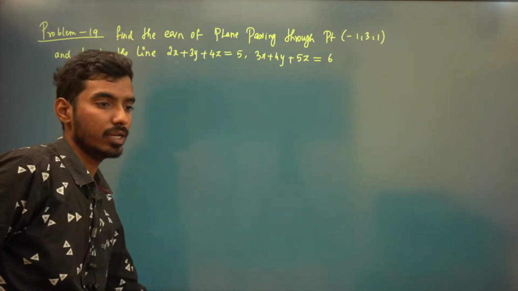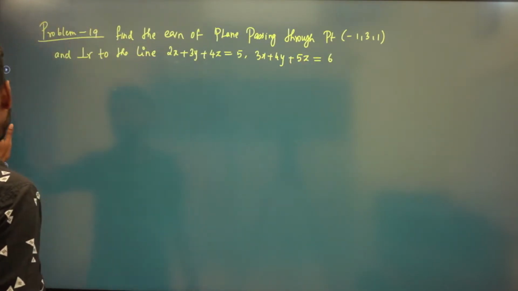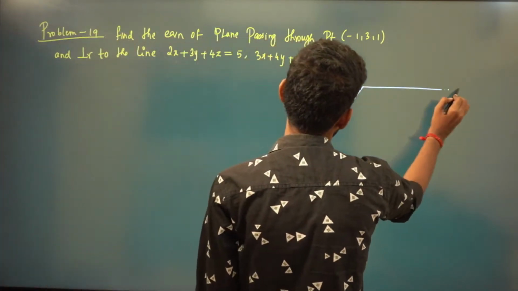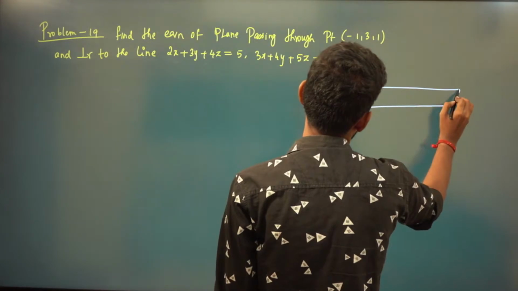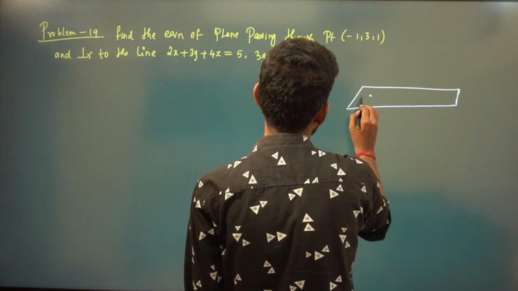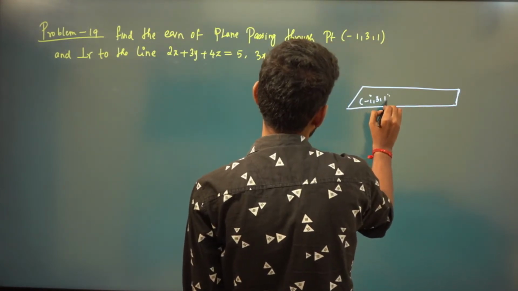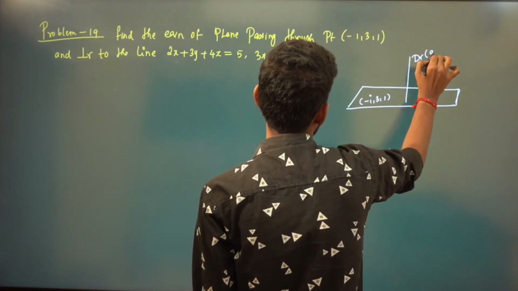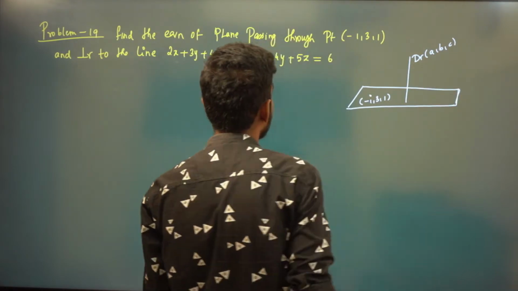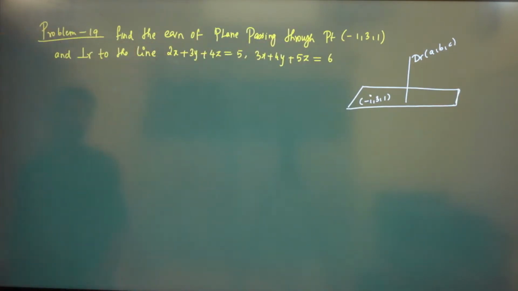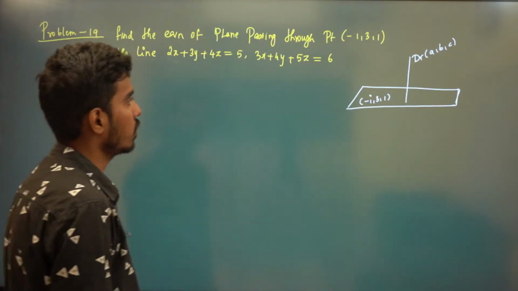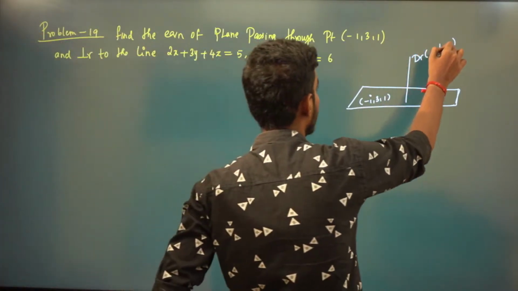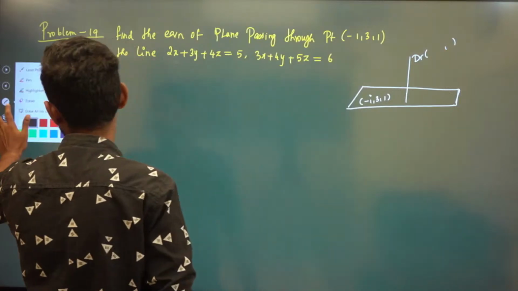So again, you need to find the equation of plane that has to pass through this point minus 1 comma 3 comma 1. And what is the direction ratio? Let us say it is capital A comma B comma C, because we will be using capital ABC in the equation.